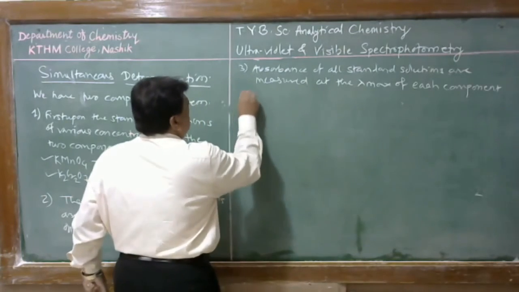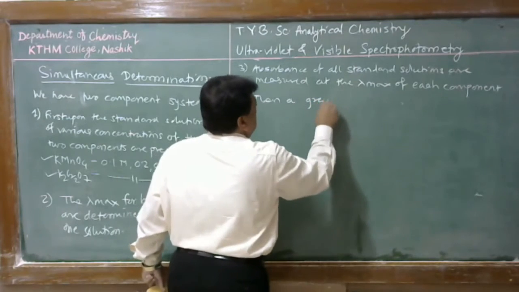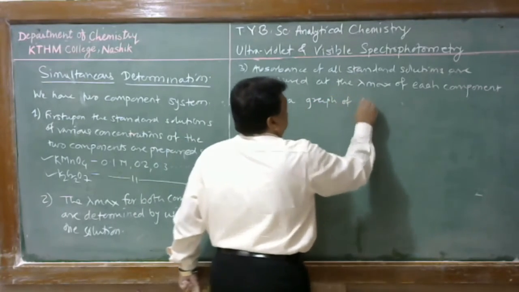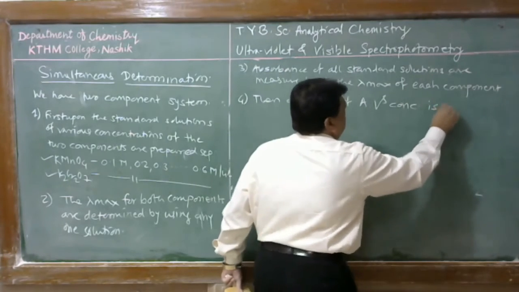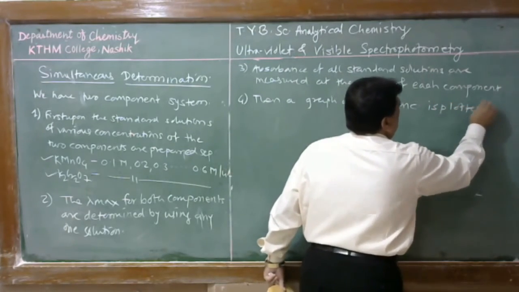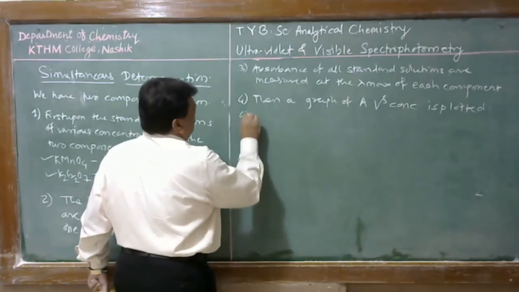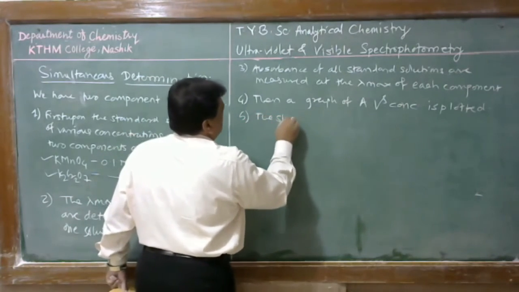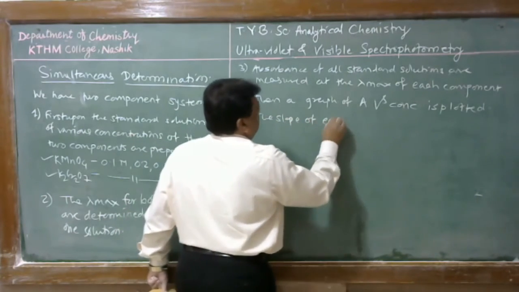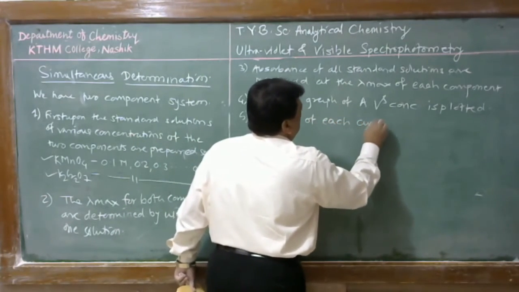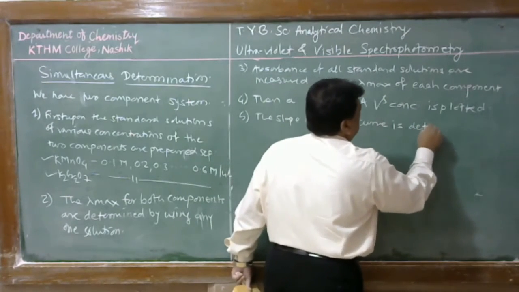Number 4, a graph of absorbance as a function of concentration is plotted for each component. Then number 5, the slope of each curve, that is the calibration curve, is determined.